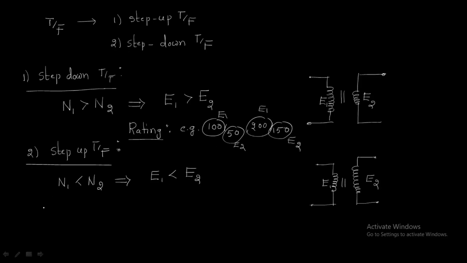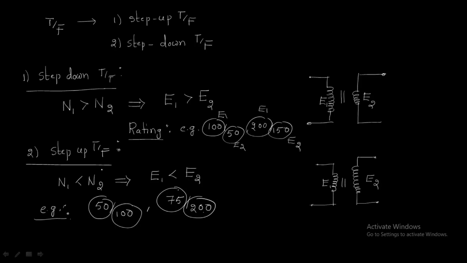And in case of step up transformer, rating examples, simply, we can take 50 by 100. Primary is 50 voltage, secondary is 100. And 75 by 200. Primary is less voltage, secondary is high voltage, less and high. This is primary, this is secondary. This is 50, this is 100.